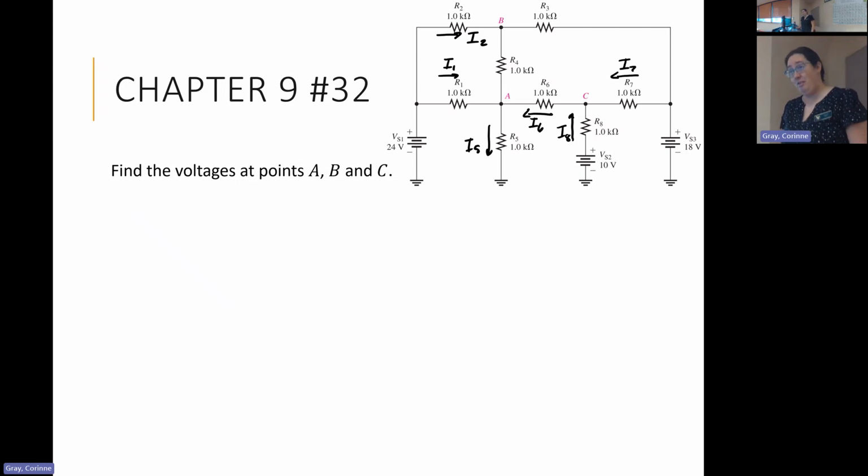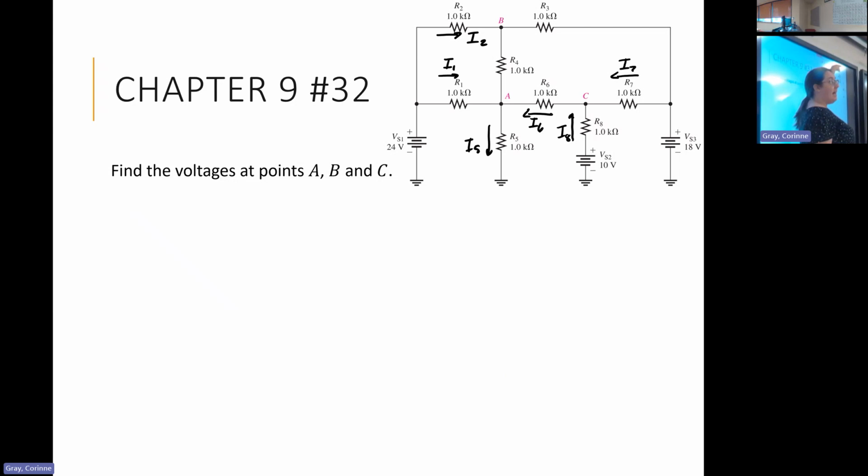Now we can talk about R4. I don't think it really matters which way we guess for this one. For R3, we should probably guess it is pointing to the right, based off of how we have I7 and I6 pointing.